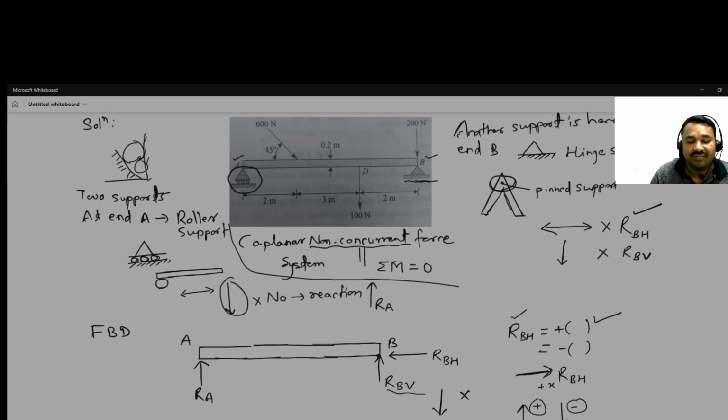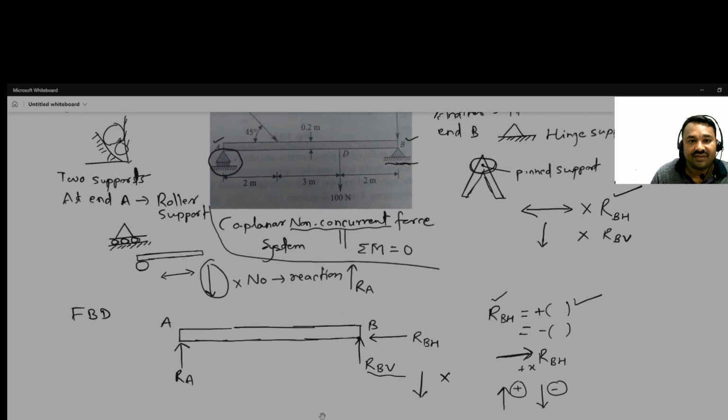Let us come to this. At this point, and at D, this is the D. You can also name it. It is 2 meter, it is 3 meter, it is 2 meter.